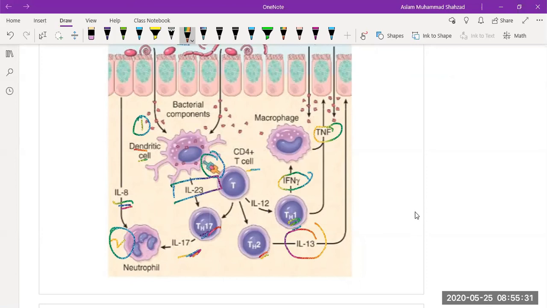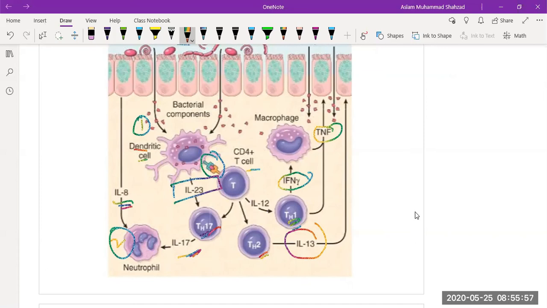In the center is the formation of the dendritic cell and T cell complex, which is not normally going on. On the left side is the formation of neutrophils, on the extreme left. Then in the middle there are two intermediate mechanisms with the help of Th17 and Th1 that work in numerous ways.